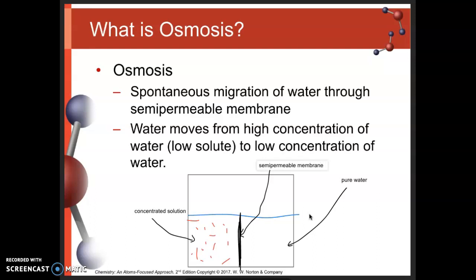And in that solution, we have a semi-permeable membrane that is separating a concentrated solution, and the solute particles are being represented by these red dots and lines, and pure water on the other side. And so osmosis tells us that water is going to flow from an area of high concentration, that is low solute concentration, to an area of low concentration of water.